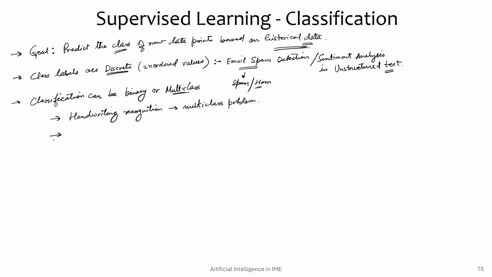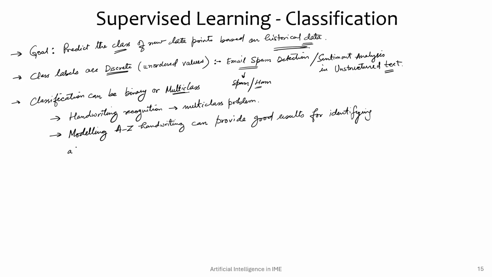Now, for creating these systems, let us say modeling A to Z handwriting can provide good results for identifying a newly written character.